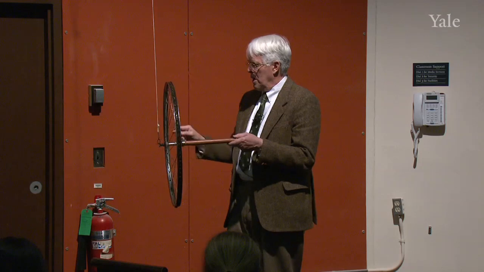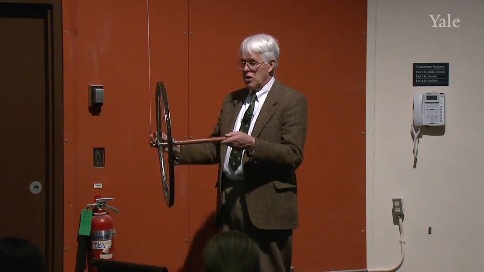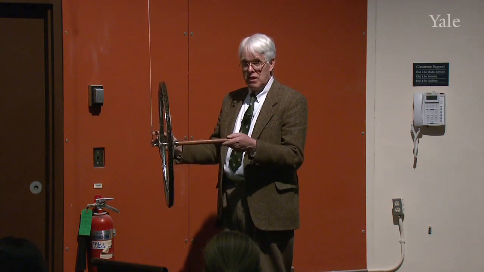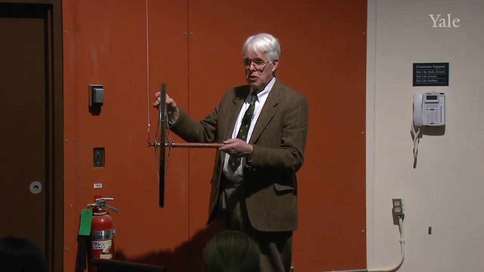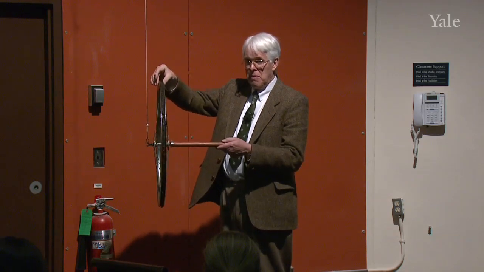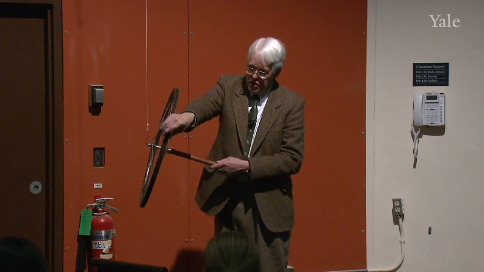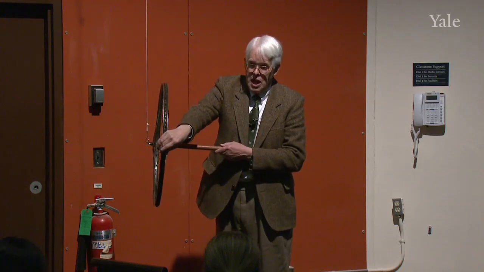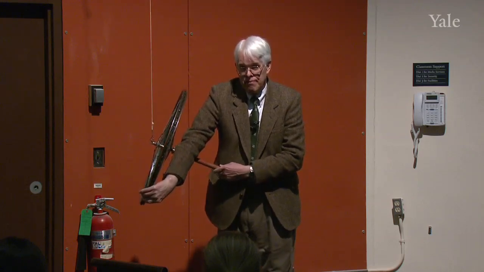Okay, so let's take a point on the rim. Here it feels no force at all because it's moving neither right nor left, right? As it goes up, it gets more and more force to the right. Everybody with me? Still more force to the right, more force to the right. Now less force to the right, less, zero. And now it feels a force to the left, right, as I let go.